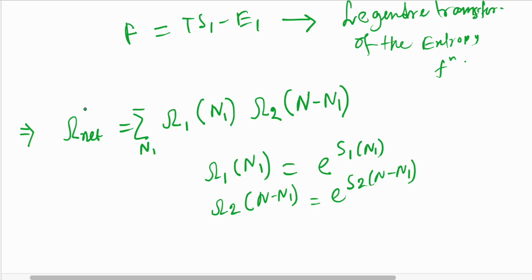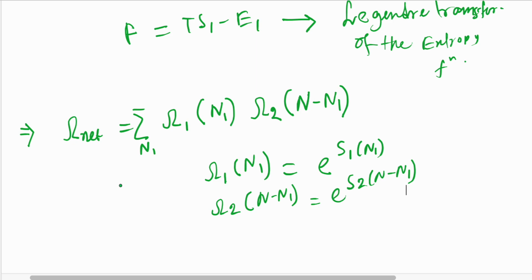We say that the system and reservoir are at equilibrium when the system plus reservoir, the total system, reaches the state where the total microstate number, sigma net, is maximum.